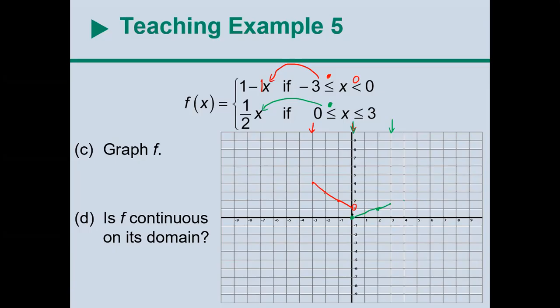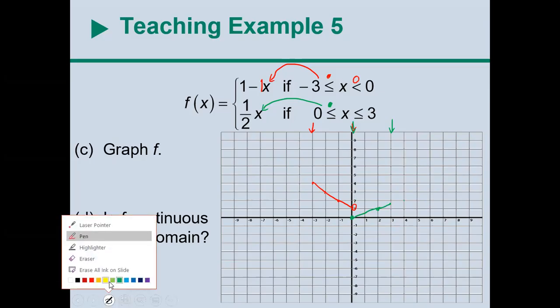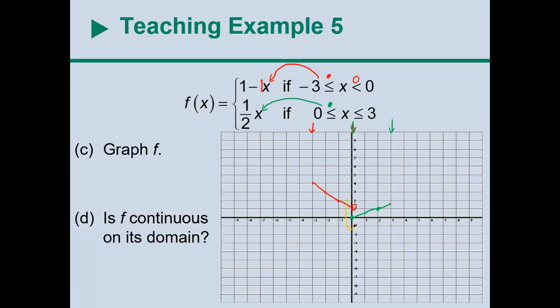So now that I have graphed it visually, is this a continuous function? Was my preliminary right or wrong? It is not. Because what happens right here? Did these overlap? No, I have a jump in the function. This is a discontinuous function. There is a discontinuity.